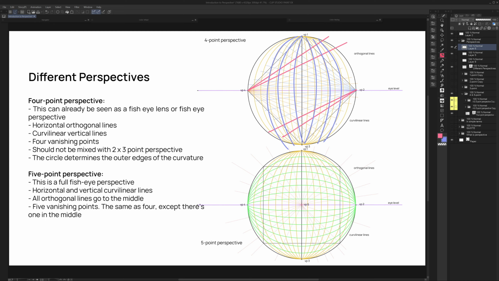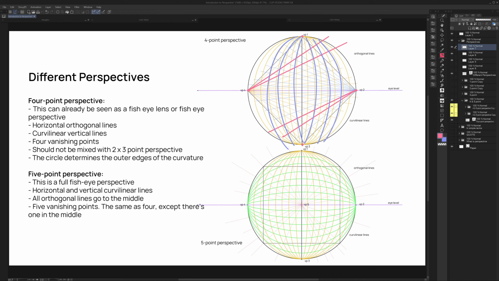Yet again, vertical can be seen as a straight line from bottom to up. You can also see them as going from down to up. I don't know how to say that, but anyway. So you have 4 vanishing points. You have one here, here, and here.